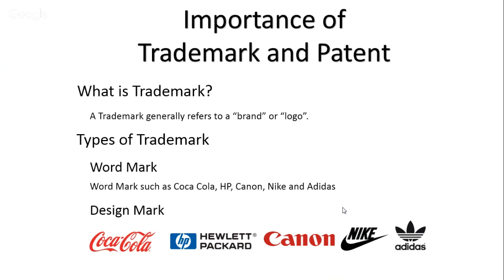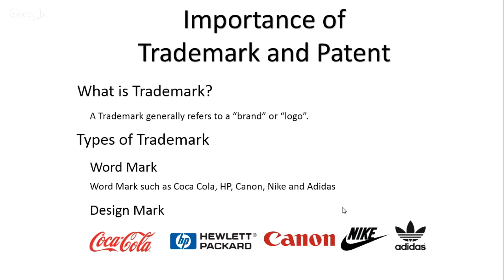There are different types of trademark. One is the word mark and the other is the design mark. A design mark is nothing but the logo. A word mark is the name, like Coca-Cola. Coca-Cola is the name itself, a brand name and a trademark name, which is a word mark.